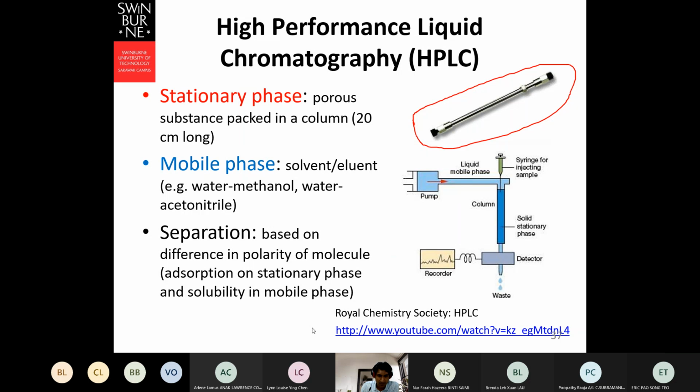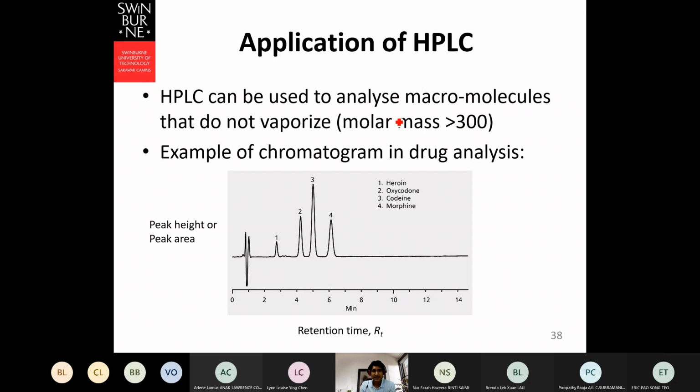So HPLC is used where we cannot use GC. It can be used for molecules with more than 300 molar mass, which do not readily evaporate. They do not vaporize easily.